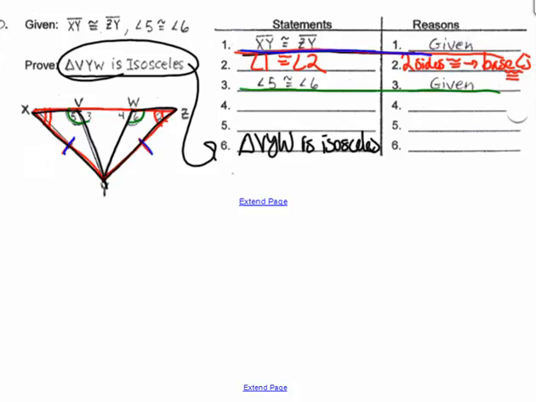And I have to write the correct order. So I'm going to say triangle XVY is congruent to triangle ZWY, and by the markings, those are congruent by angle, angle, side.